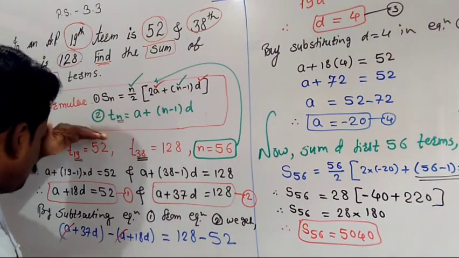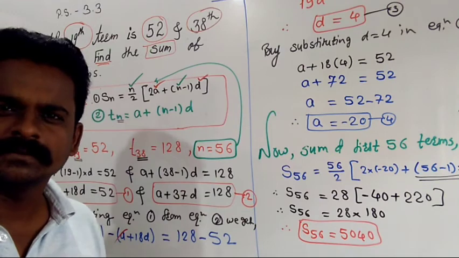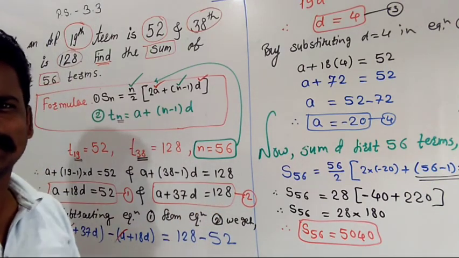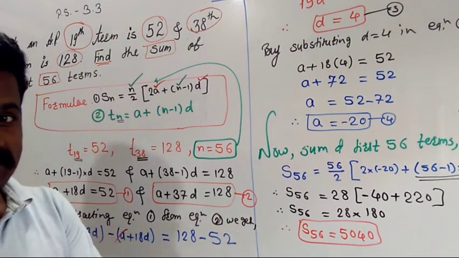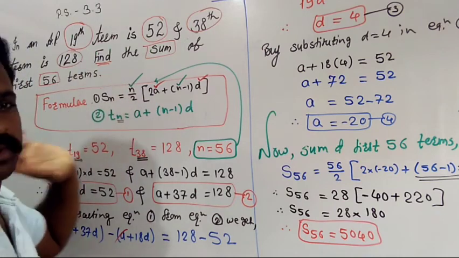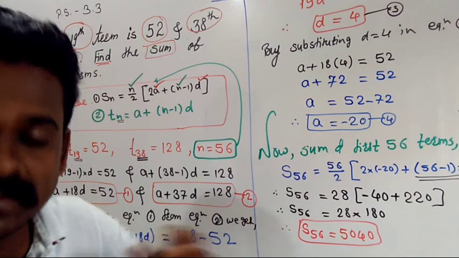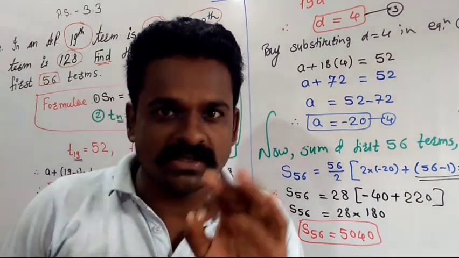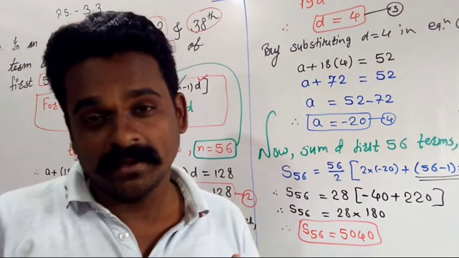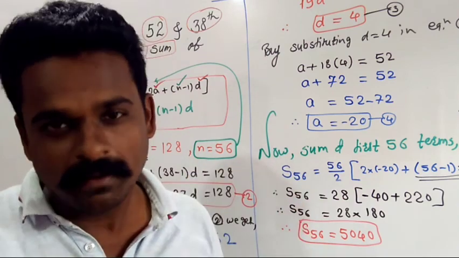So from here all work is donkey work. That doesn't matter. The thing which matters is only these two formulas and how to use them. This is the very important thing. And once you get that, then you will be conquering the problem.